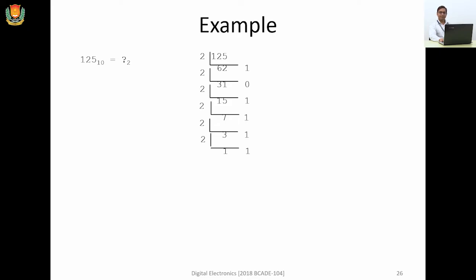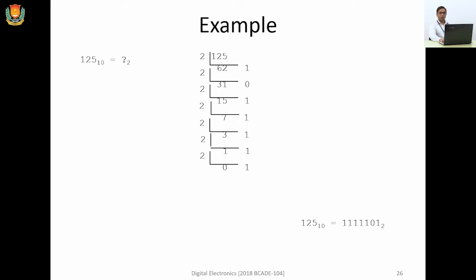It is completely divisible 1 time and the remainder is again 1. Now I am dividing 1 by 2. If I am dividing 1, only the remainder will be 1. Now it is complete.